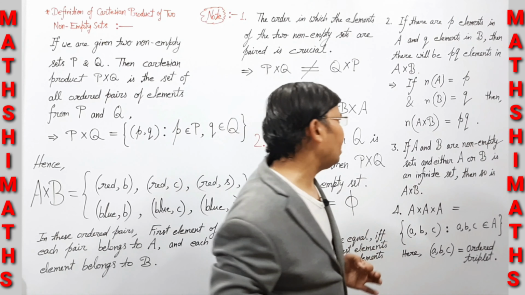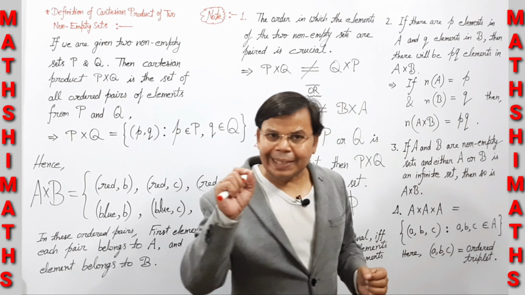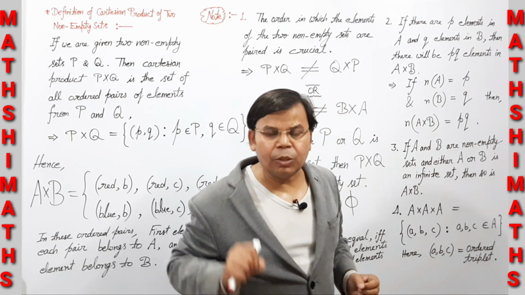Suppose you have 3 elements in set A and 2 elements in set B. Then if you find the Cartesian product of set A and B, the total number of pairs is equal to 3 multiplied by 2, which is equal to 6. So the number of pairs in the Cartesian product of A and B will be 2 multiplied by 3, which is equal to 6.